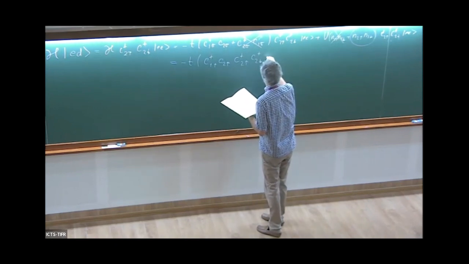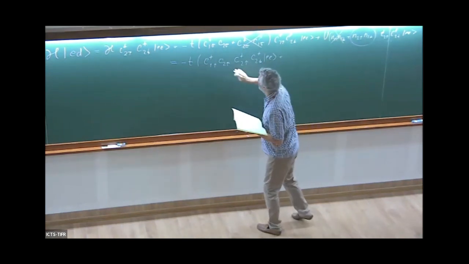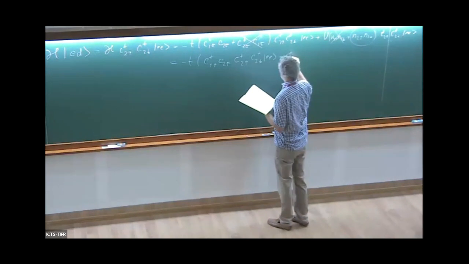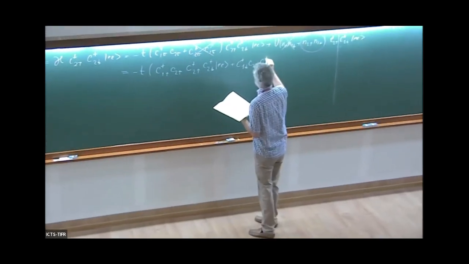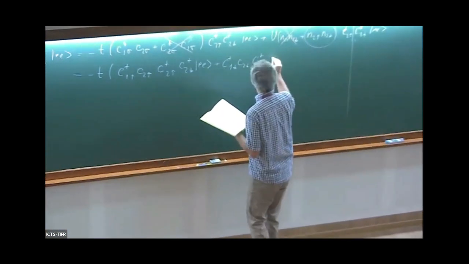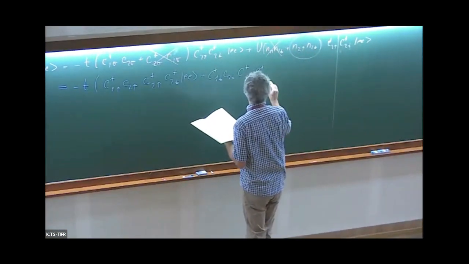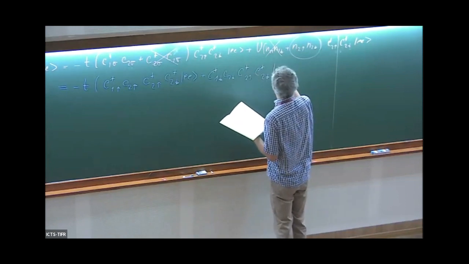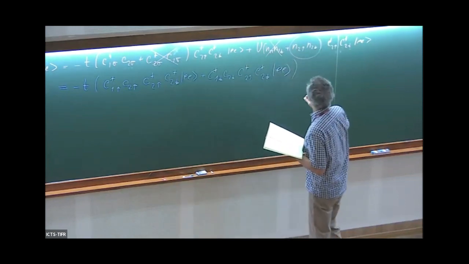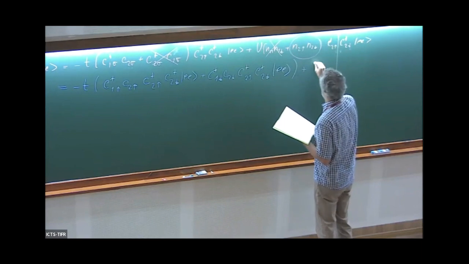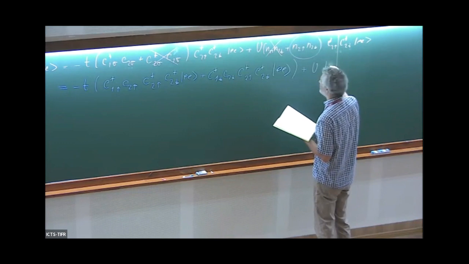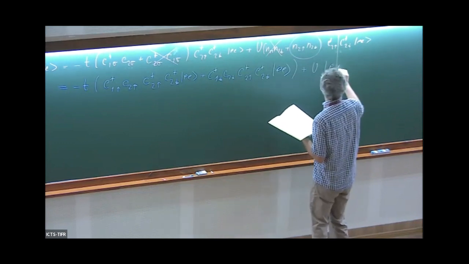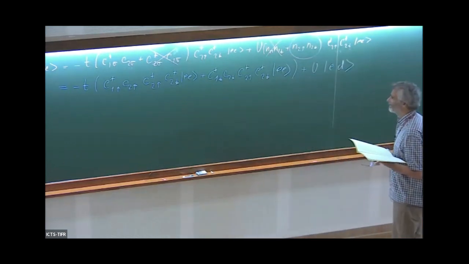Then with the downspins, C dagger 1 down, C2 down, C2 up, C dagger 2 down, empty, empty, plus U times, this is diagonal, U times empty double.